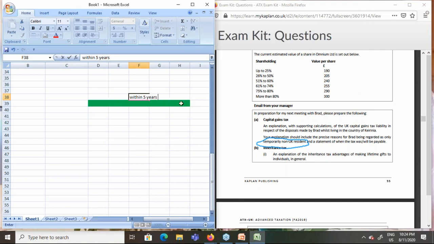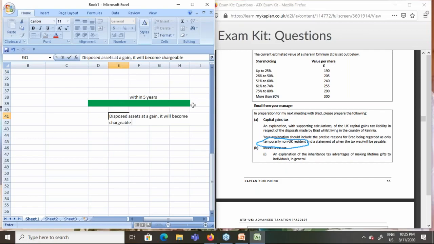less than 5 years, but while you were absent from the UK, if you have disposed of an asset at a gain, it will become chargeable the moment you return to your country.